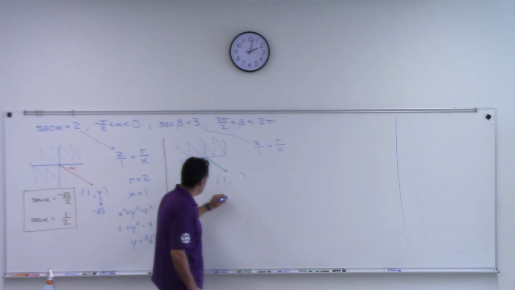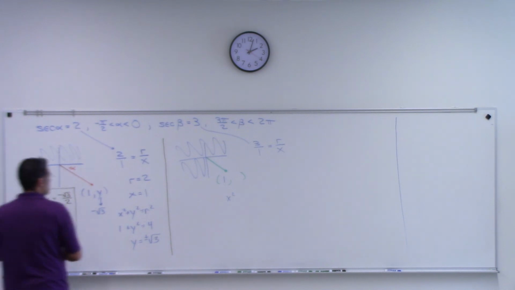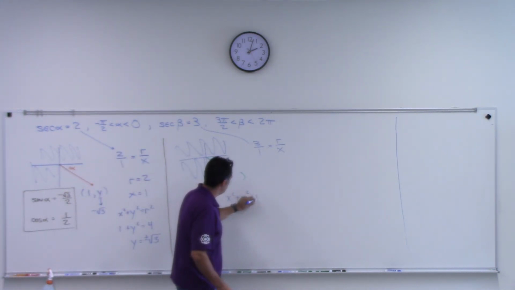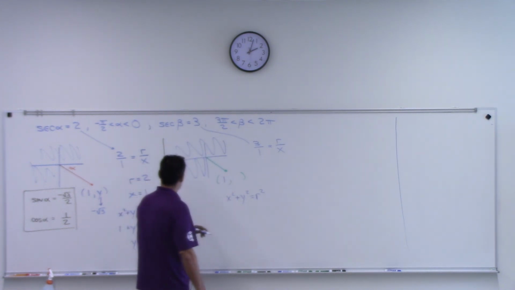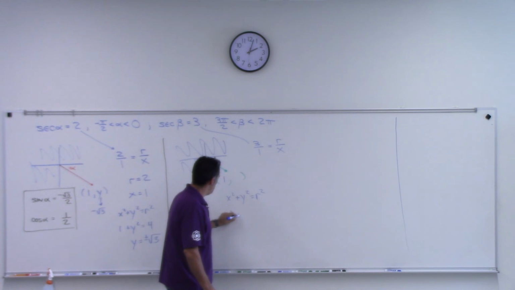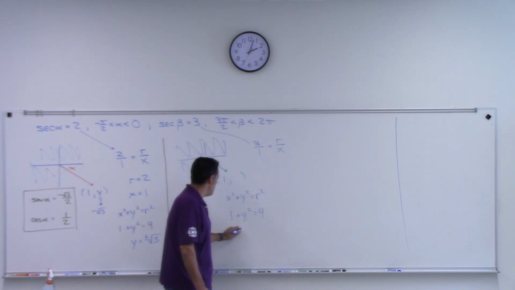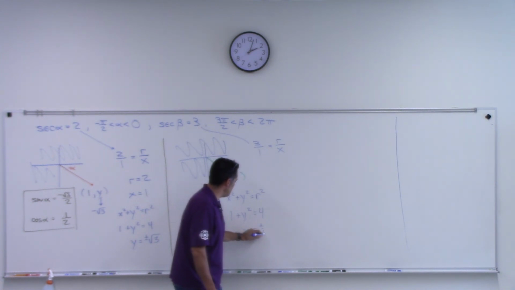So I can do the same thing I did before. X squared, oh, I don't need x. I know what x is. Well, I'll write it down. X squared plus y squared is r squared. So you get 1 plus y squared is 2 squared is 4. And so y, are we getting the same thing? Plus or minus root 3?